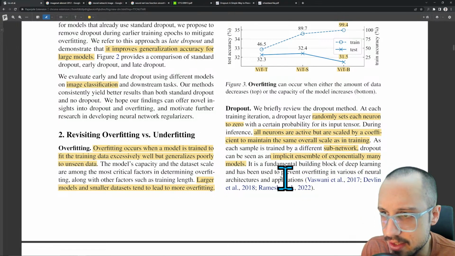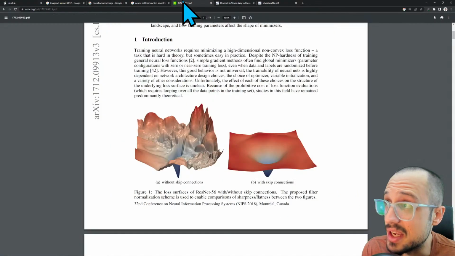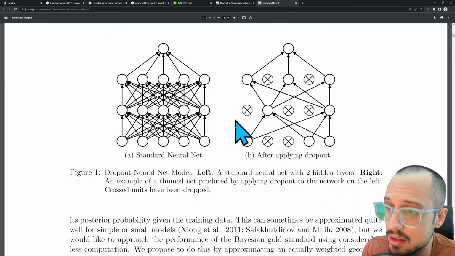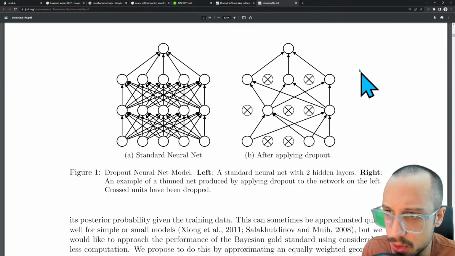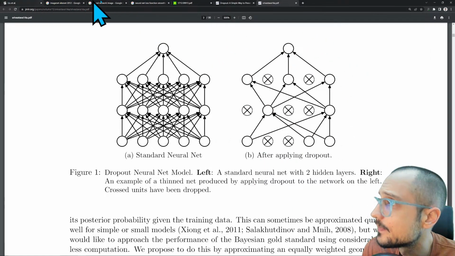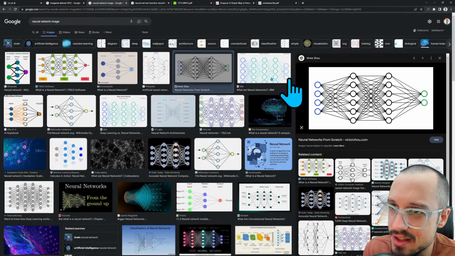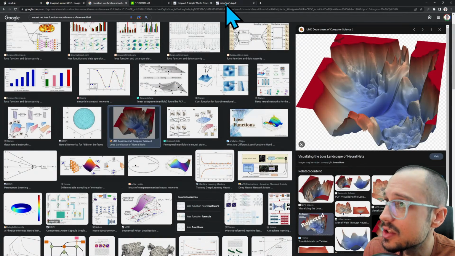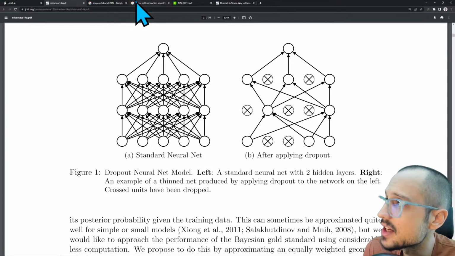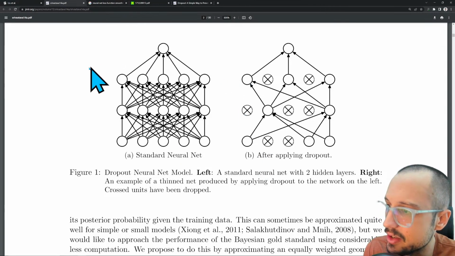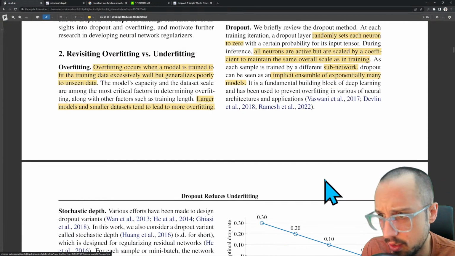I do like this way of thinking of dropout as doing an ensemble of subnetworks. Let's replace this random Google image search with this one. I feel like this is a better example.